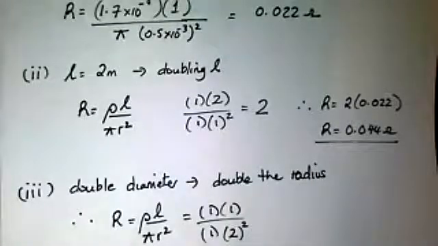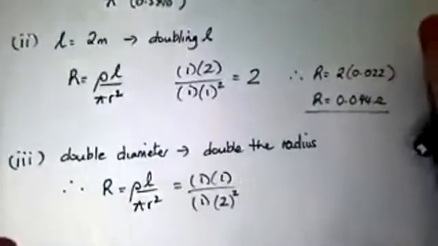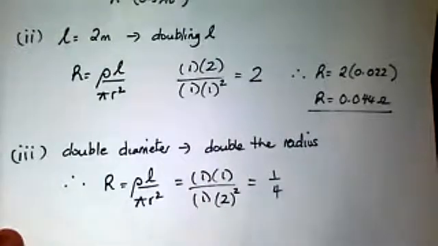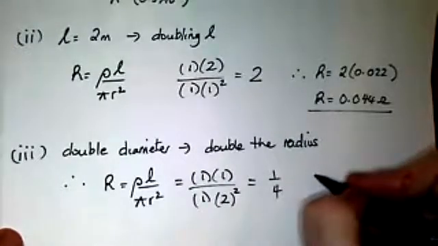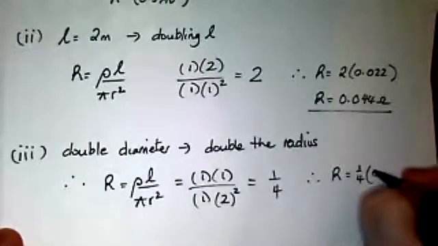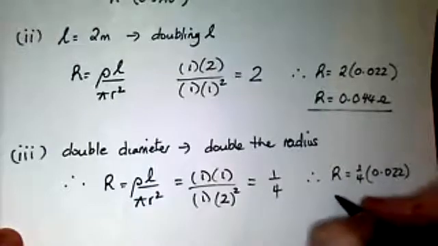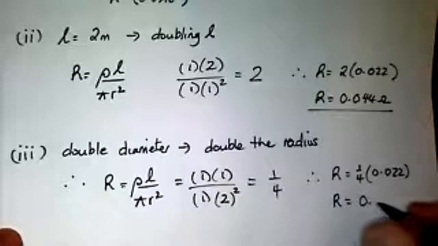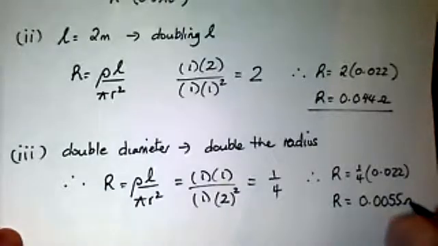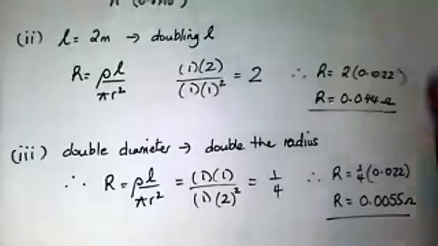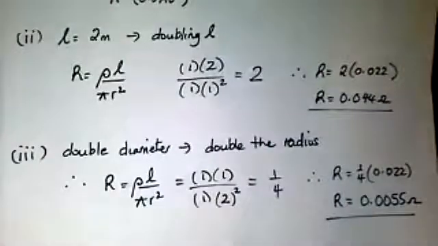But remember, the radius gets squared. Therefore, I've now got a factor of 1/4. So the new resistance is going to be a quarter of the original, which is 0.0055 ohms.